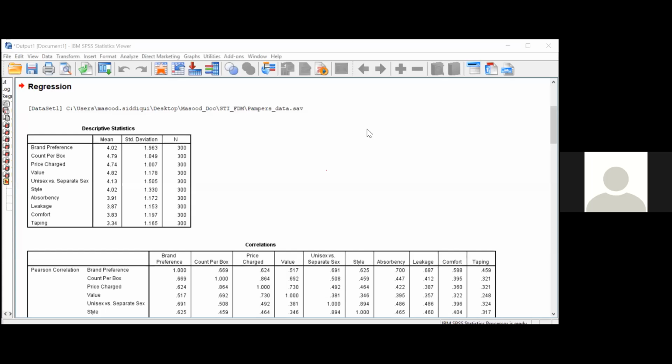We take equal weights, so we don't use the weight label. But suppose OLS is not applicable in that case, then we use different weights for the analysis. So that is the weight option. Logistic regression, when I cover it, I will explain the difference between linear regression and logistic regression.